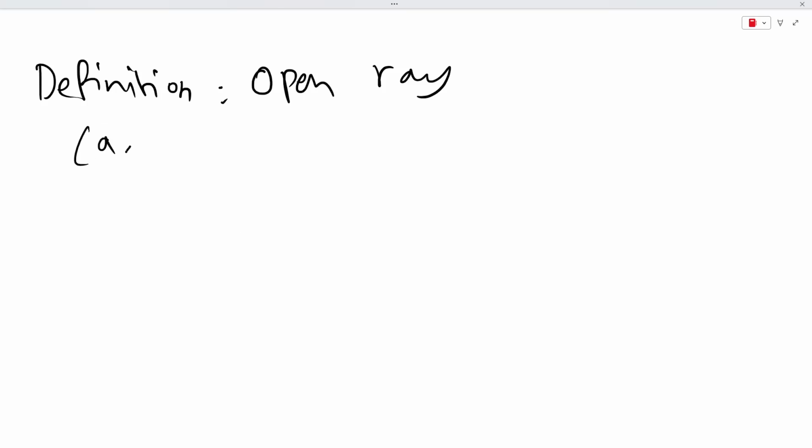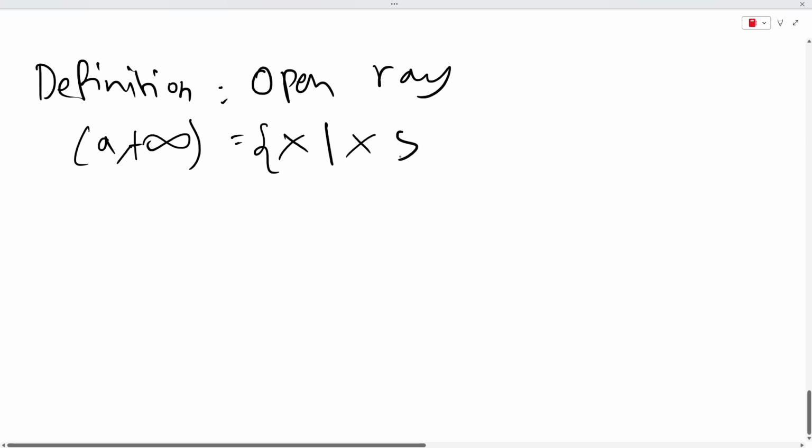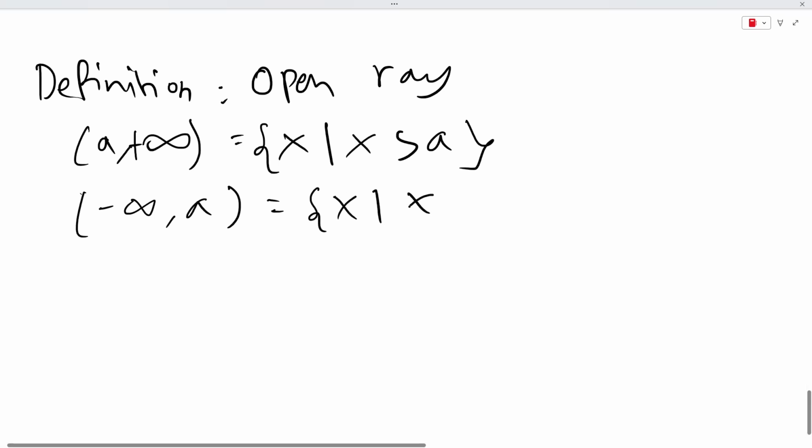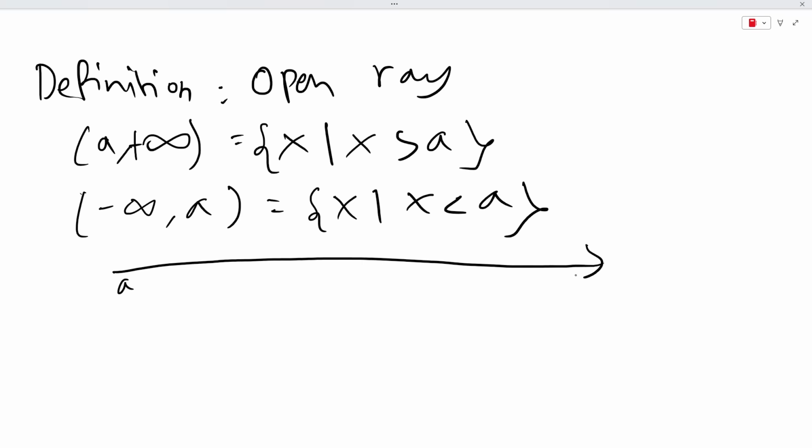So the open rays are basically intervals of this form, which is the set of all x such that x is greater than a, and then we also have the set of all x such that x is less than a. So it kind of starts like a line and continues on forever, or until the greatest element, let's say b1, if there is one.